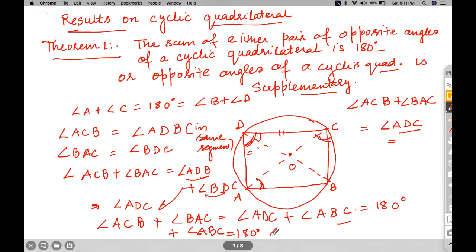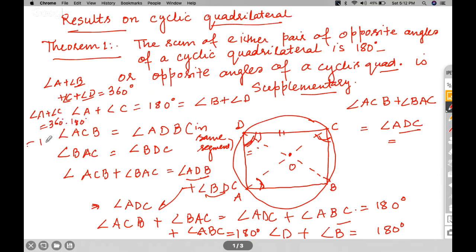Angle ADC is angle D and angle ABC is angle B. Angle D plus B comes out to be 180 degrees. Now I know that angle A plus B plus C plus D is 360 degrees. So B plus D, I have already shown, is equal to 180 degrees. So angle A plus C would be 360 minus 180, which gives you 180 degrees. So this is how you have to solve this.